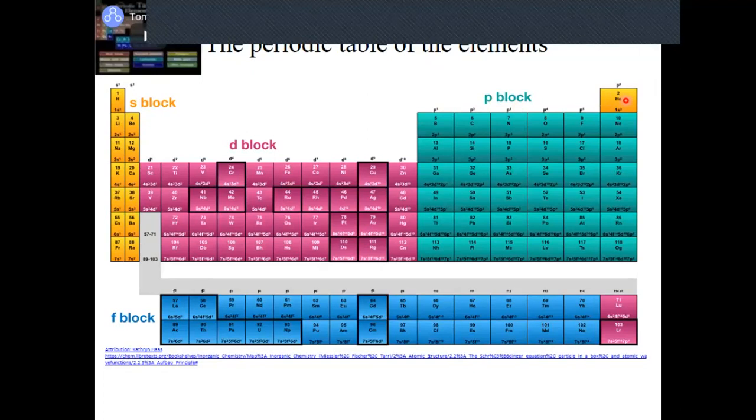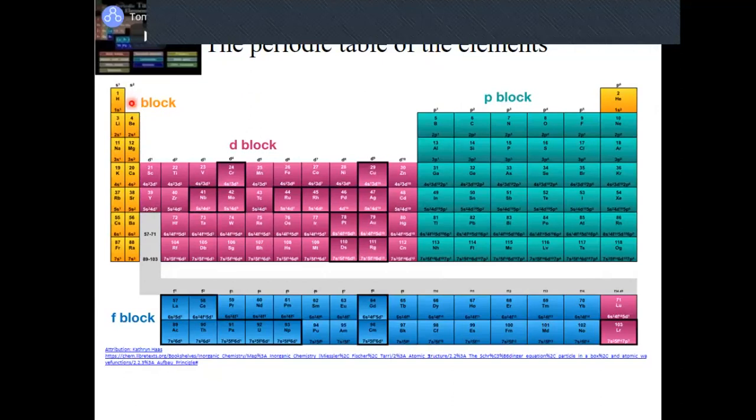Therefore, just a full 1s shell represents the noble gas electron configuration, and that's why helium behaves this way, and this justifies its position in the 18th group and not in the second group.